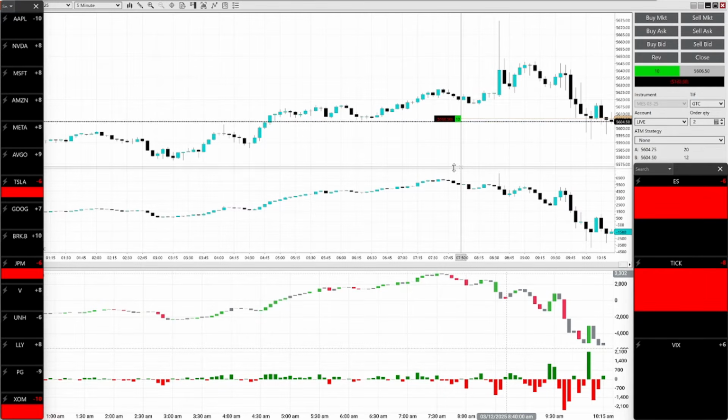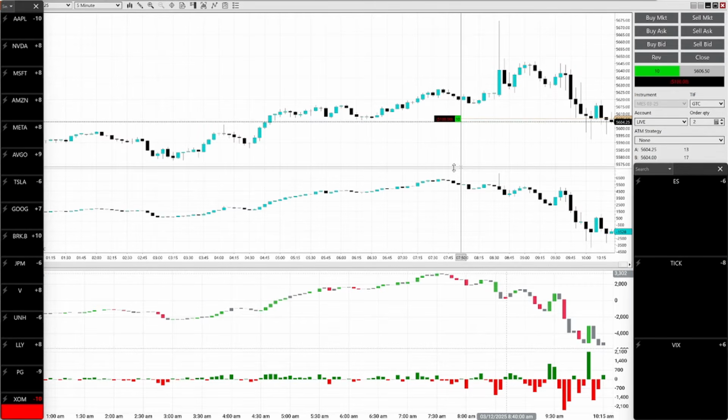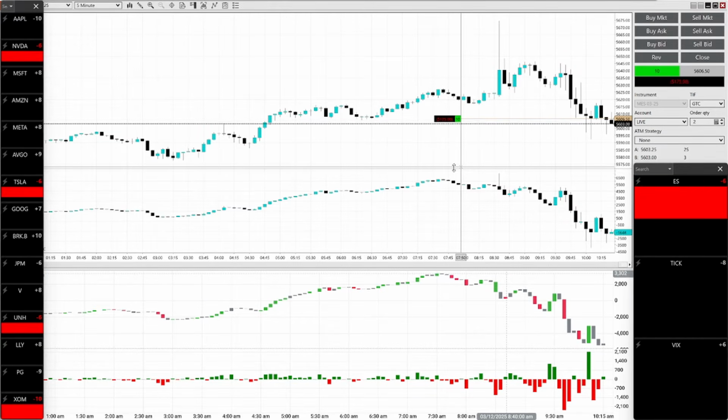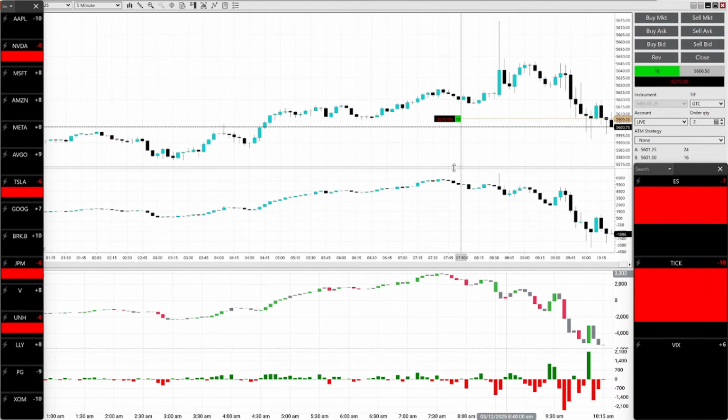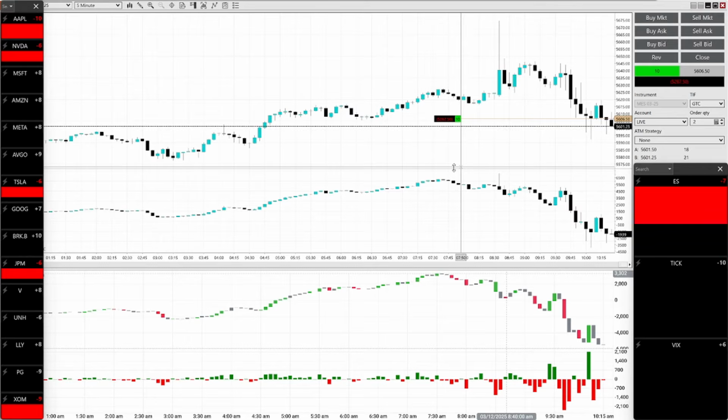I'm not liking this right here. I remember this trade. But if you look at the cumulative delta, still have a pretty decent divergence, and selling volume is slowing down.